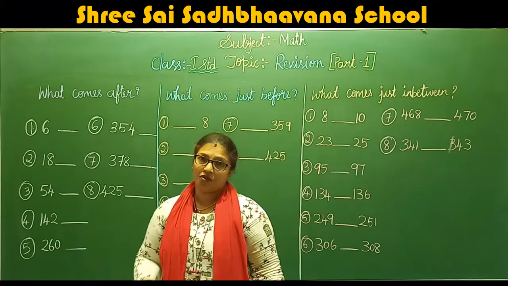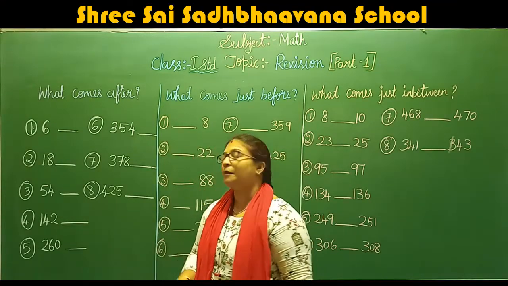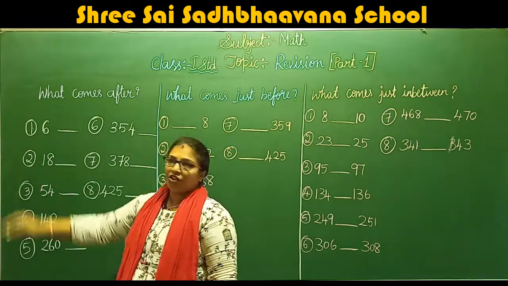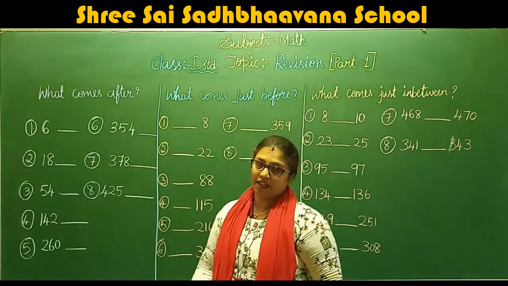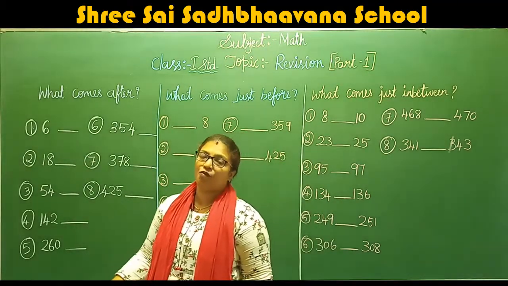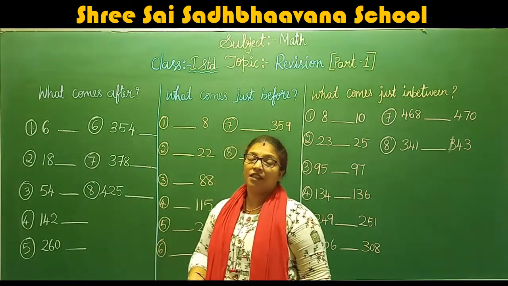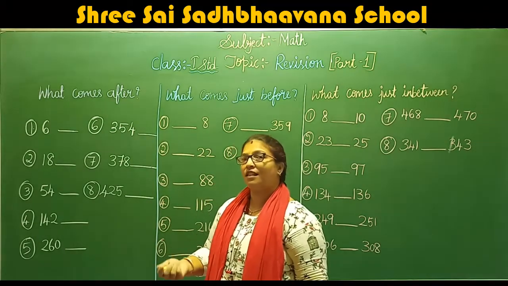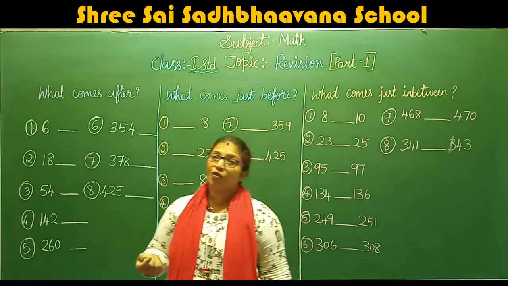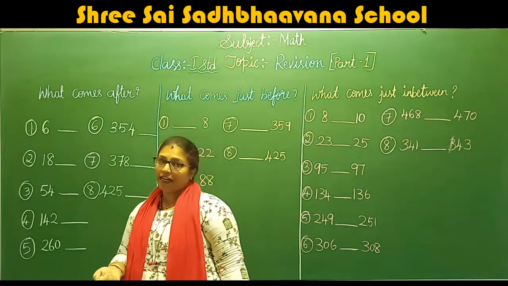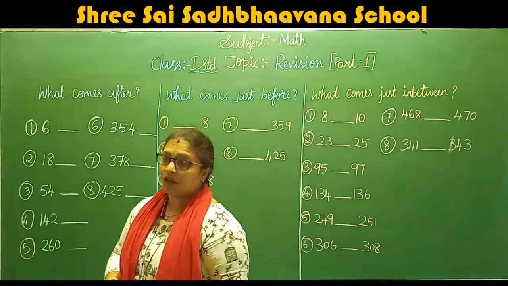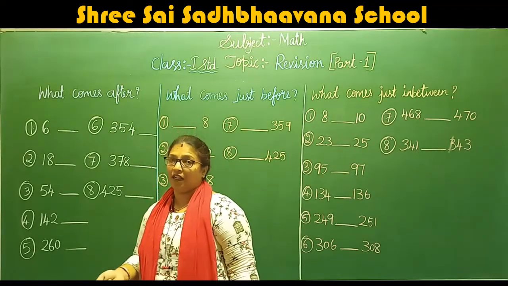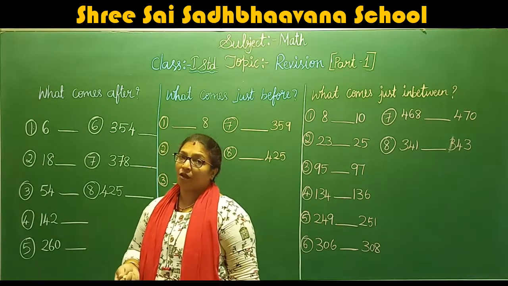How do you write the after number for these? For a 1-digit number, you can write it easily. After 6, what is the number? 1, 2, 3, 4, 5, 6, then 7. So what is the after number of 6?